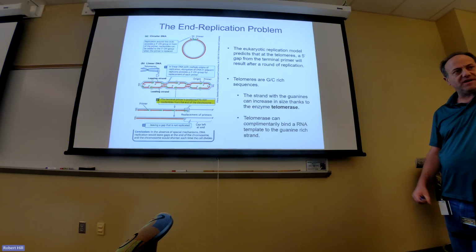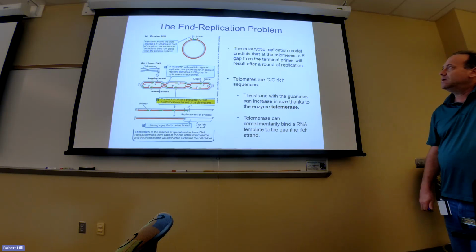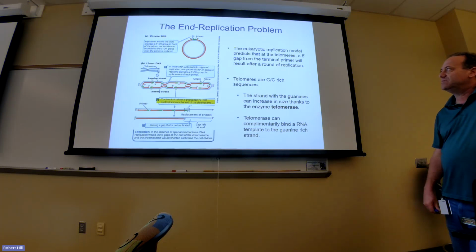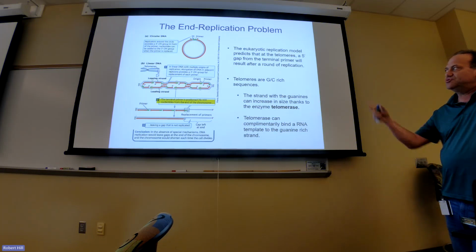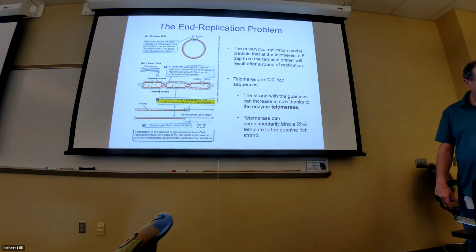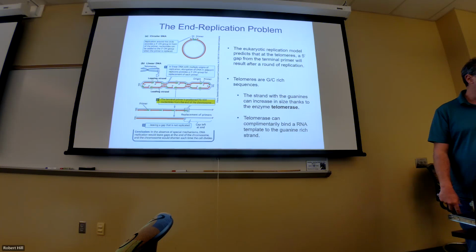There is an enzyme that corrects all of this. That's called telomerase. Right? So telomerase has RNA properties and protein enzymatic properties, but it looks for these GC-rich sequences that are found in the telomeres, which we call satellite regions of the chromosome.